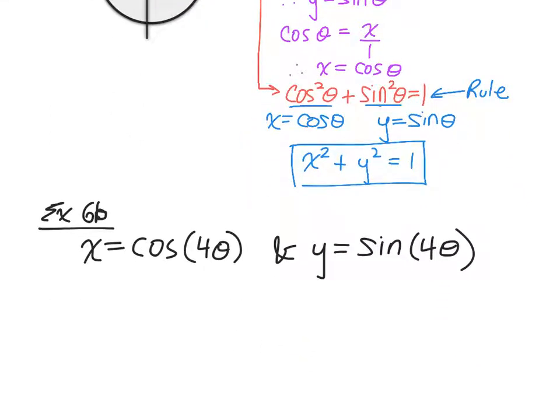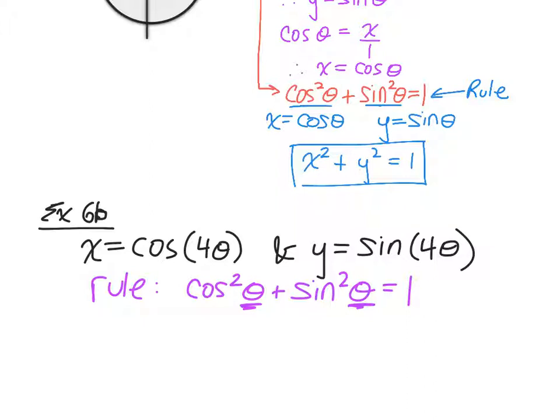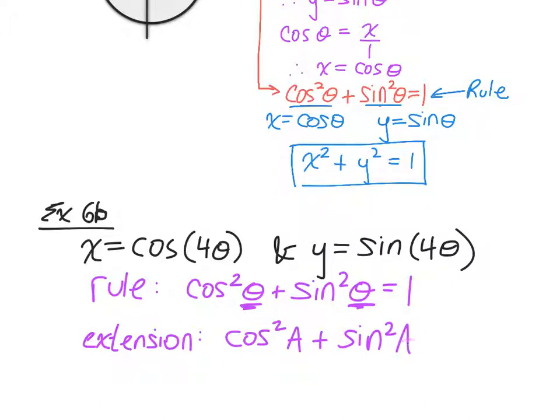All right, so just to streamline it without all the extraneous explanations, it's the same domain. The rule is that cosine squared theta plus sine squared theta is equal to 1. That only accounts for an ordinary theta, but the extension is that cosine squared anything plus sine squared anything is also going to be equal to 1.